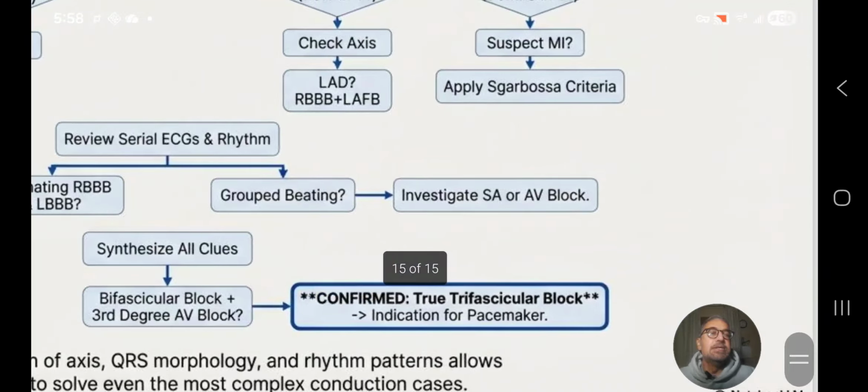If you have group beatings, investigate whether it's SA or AV block. Look at the PP intervals. If the PP intervals are progressively getting shorter before the dropped beat, it is a type 1 Wenckebach SA block. If the PP interval of the dropped beat is an exact multiple of the previous PP intervals, it's a type 2 SA block.